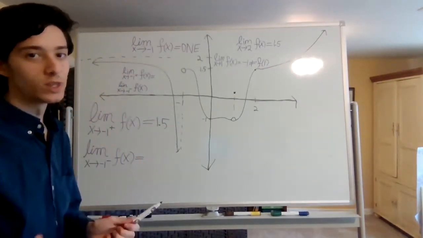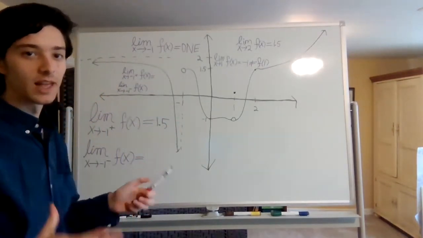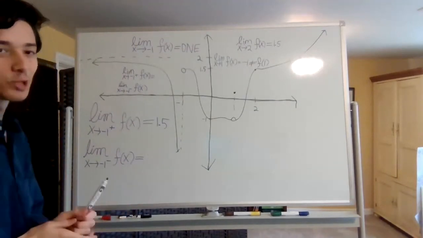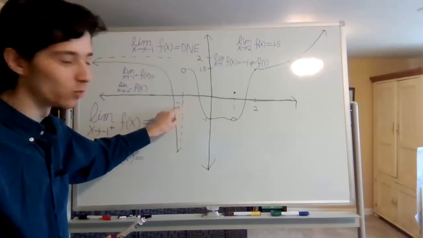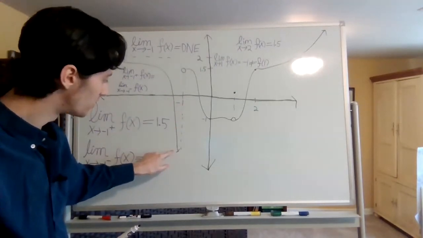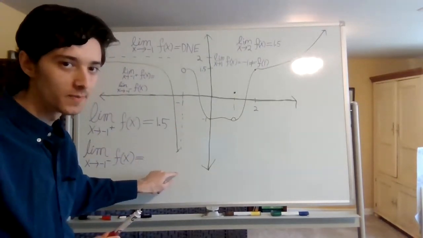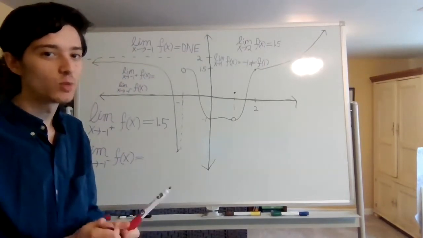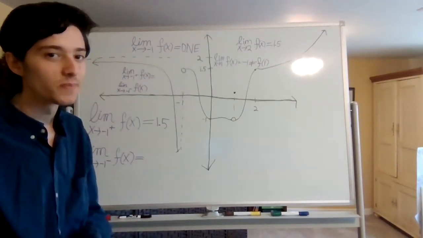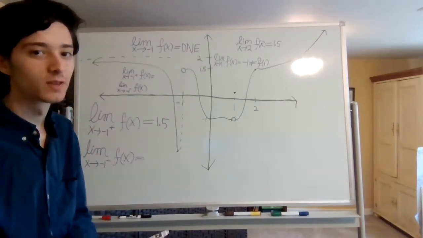So now we look at values approaching from the left. And this is an interesting case because the closer and closer we get to -1, it looks like it's just getting smaller and smaller and smaller. There's not really going to be a value it looks like -1 would be if we were just looking at values from the left.